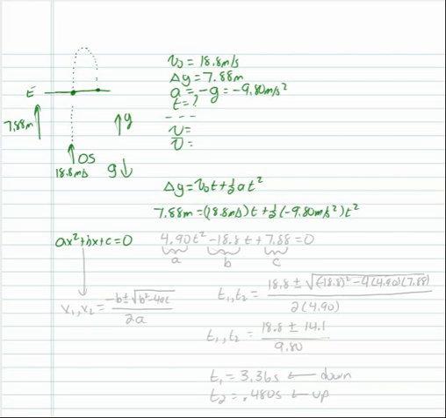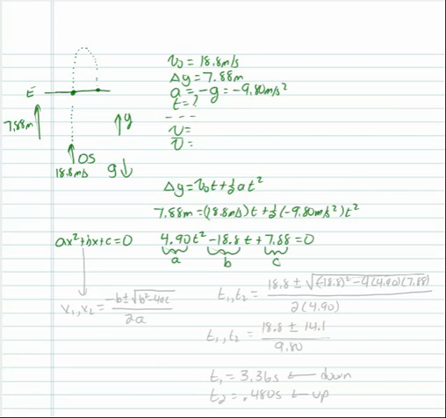When you put it in this form, you should see that we would get this: 4.90 t squared minus 18.8 t plus 7.88 equals 0. And these are the coefficients now. A, B, notice the negative goes along with the 18.8, C.